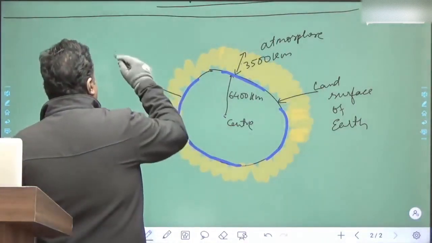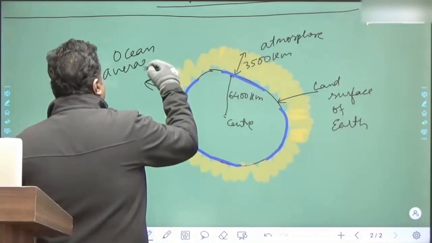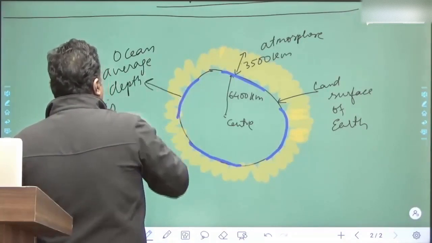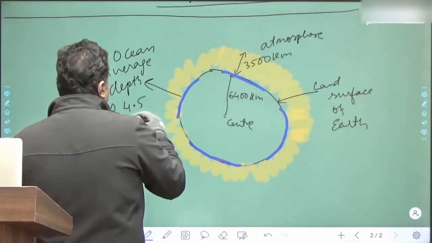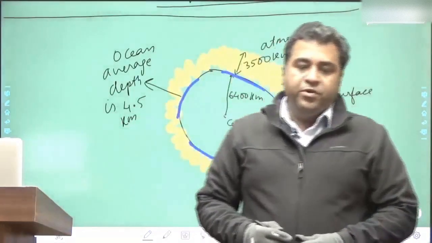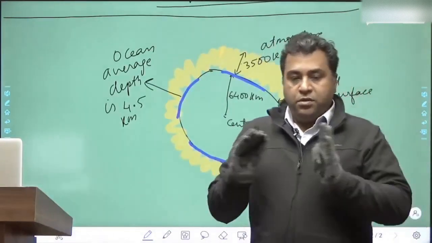The ocean average depth is around 4.5 kilometers. So this is the whole thing.